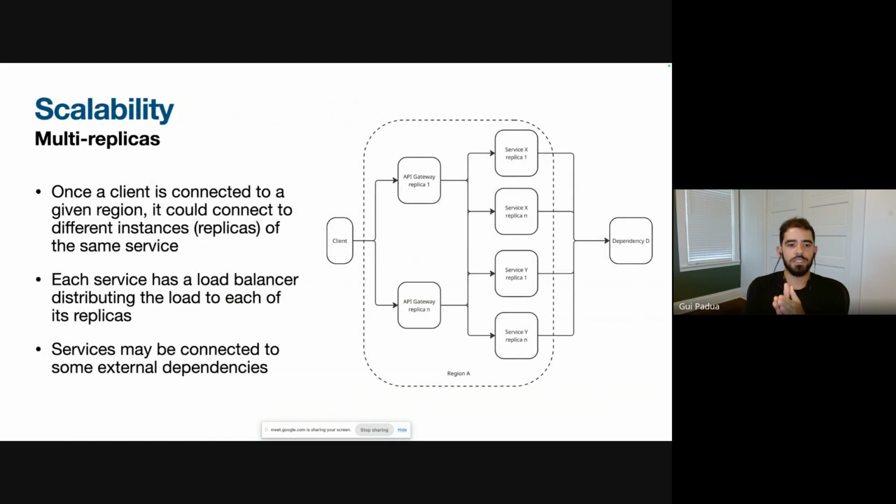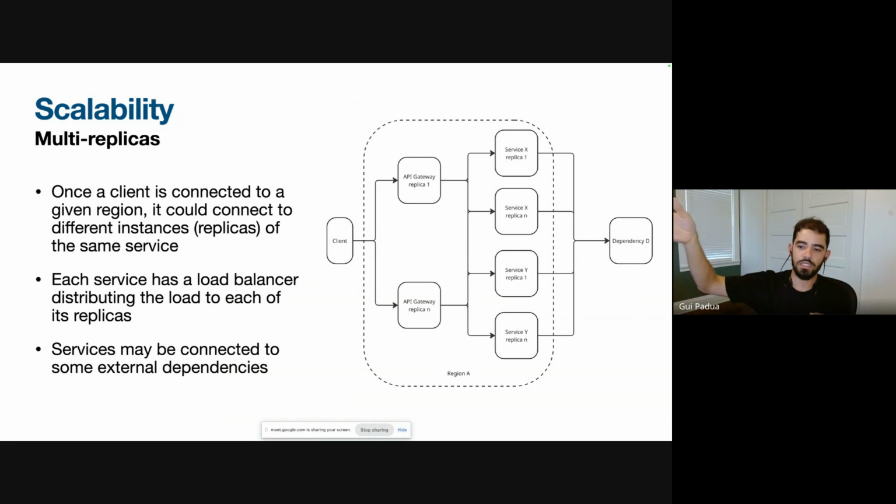And for scalability, once the device is in one of the regions, the region is basically a copy of the others. Inside that region, you could have an API gateway and the business services, say service X and service Y. Each of these services could have multiple replicas, replica 1 and 2 and so on. The device could connect to any of those. They are basically doing the same thing.